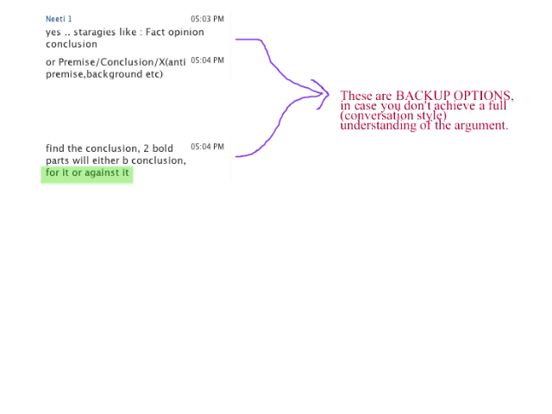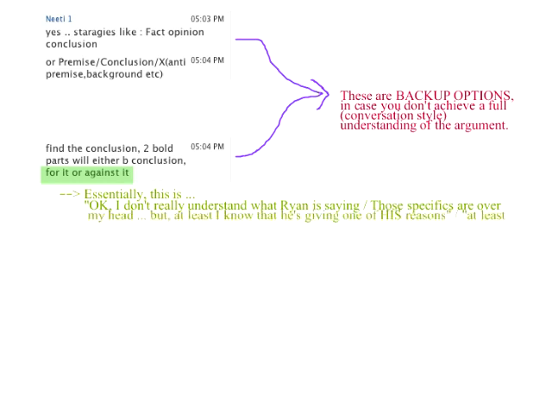If you were in a conversation, this is sort of like saying, okay, I don't really understand what Ryan is saying, or those specifics are over my head, but at least I know that he's giving one of his reasons, or at least I know he's arguing against that. You can do that.